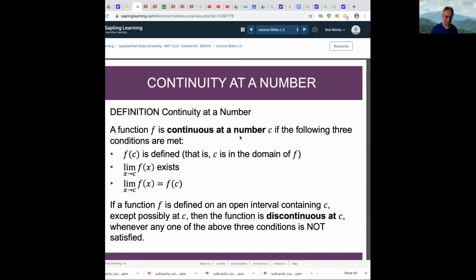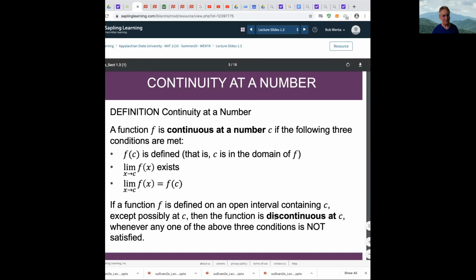Usually that means we have to check it from the right and from the left to see if it goes to the same place. And the last one is that, beyond f of c being defined, the limit also has to equal f of c. At the bottom here, it says whenever one of these three conditions is not satisfied, the function is discontinuous at that point.